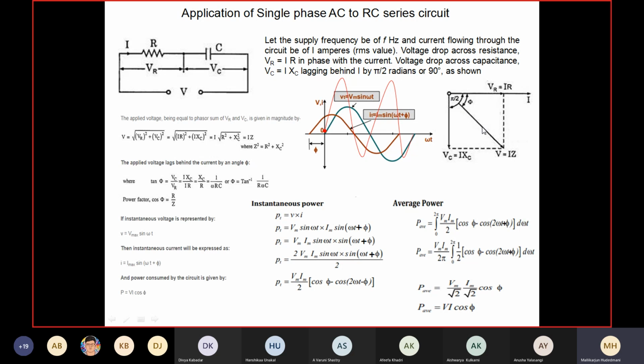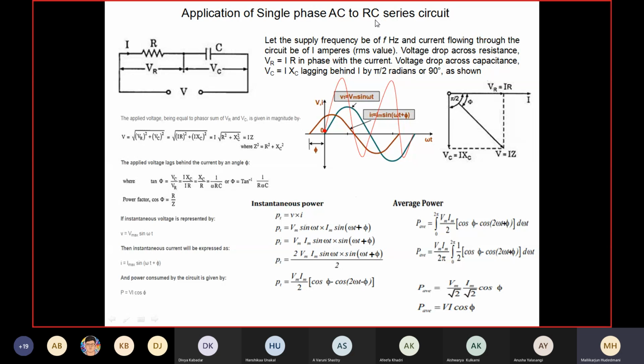It means current in a capacitive circuit leads. In case of an ideal capacitor, it was a perfect 90 degrees. You can see here, current in an ideal capacitor leads ahead by a perfect 90 degrees. But here it is an RC, a combination of R and C. It is not a perfect 90 degrees, a little less than 90 degrees. Say phi.